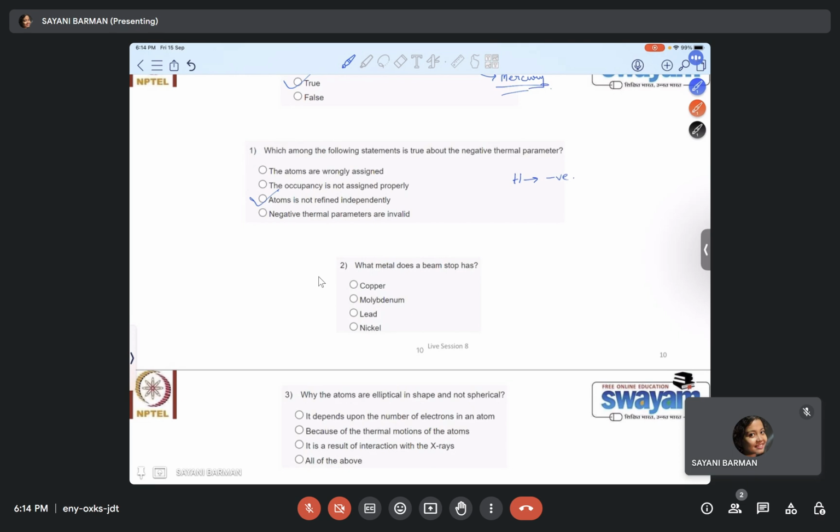Because this information is very important to accurately model the atom's position in a crystal lattice. That ultimately will provide the crystal structure, right? So if atoms are not refined independently, then we may get negative thermal parameter.